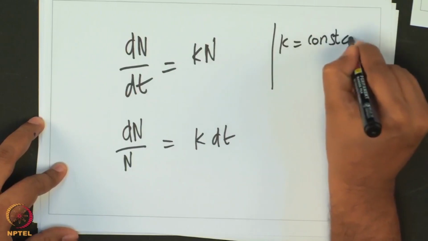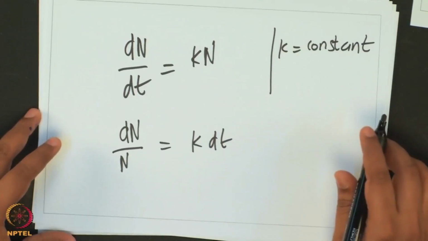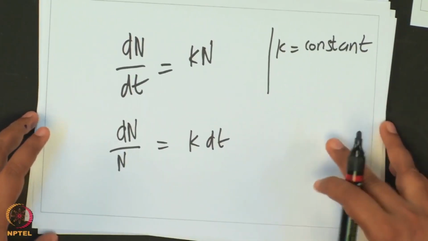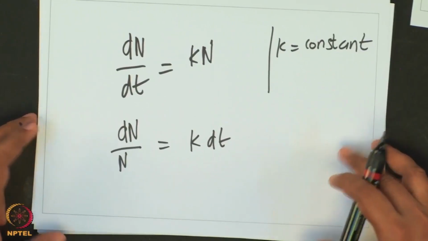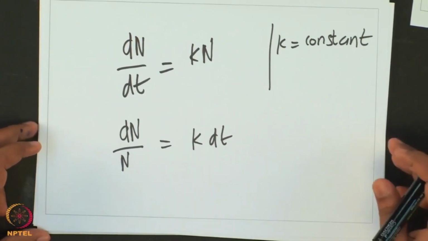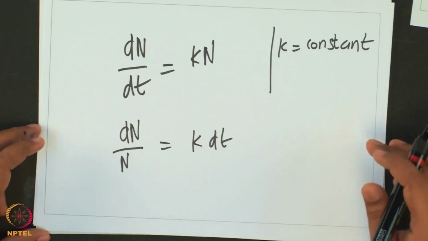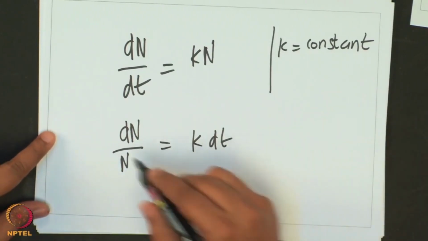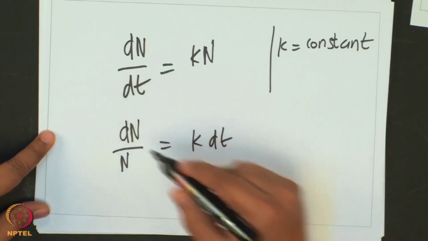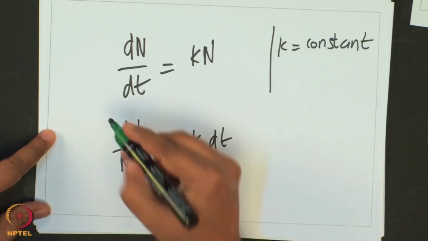It's a proportionality constant we put in. It could be some number, and this number of course is related to the rate of growth in some way, and we will see how it actually depends. So if I have an equation like this, I could rewrite it this way, and then I could integrate this.